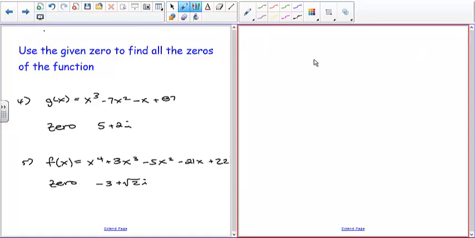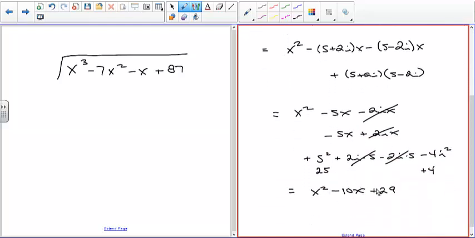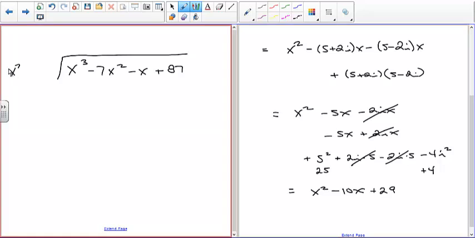So you take the original expression, and we're going to use long polynomial division, and we're going to divide by this, which is a quadratic that doesn't have any real roots. So you're going to have x squared minus 10x plus 29. You're like, oh, that's never going to work out, but it does.